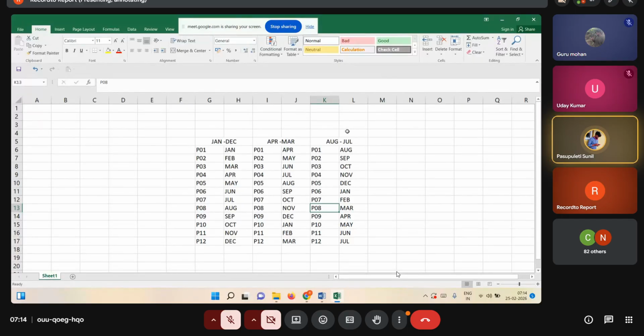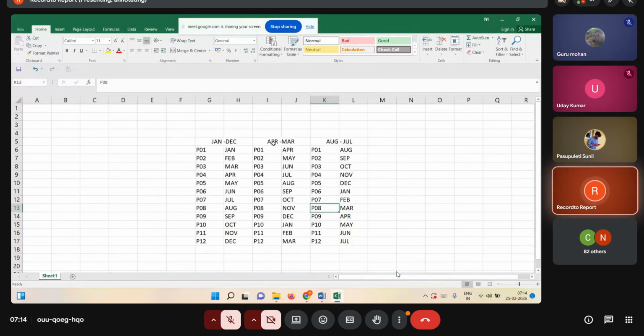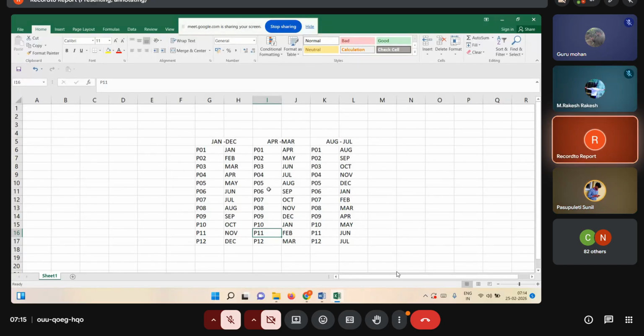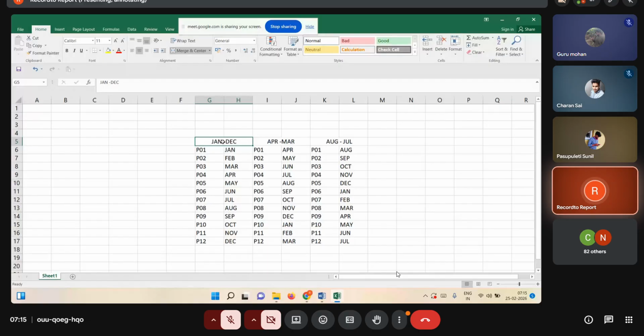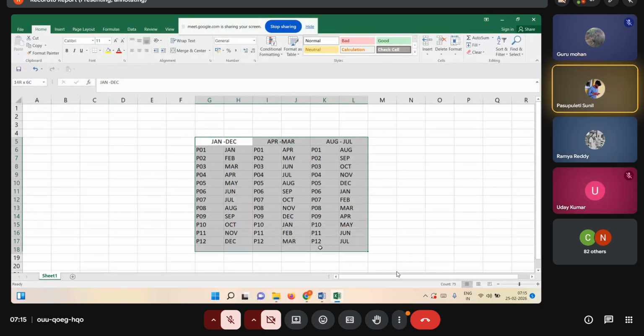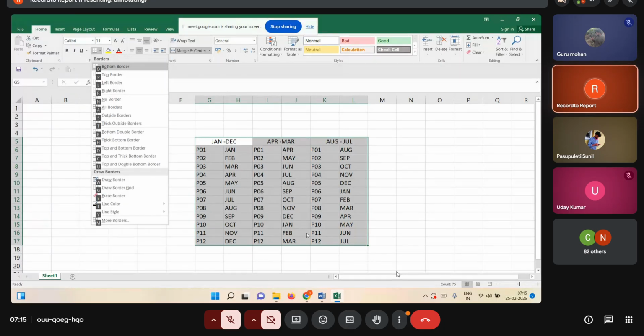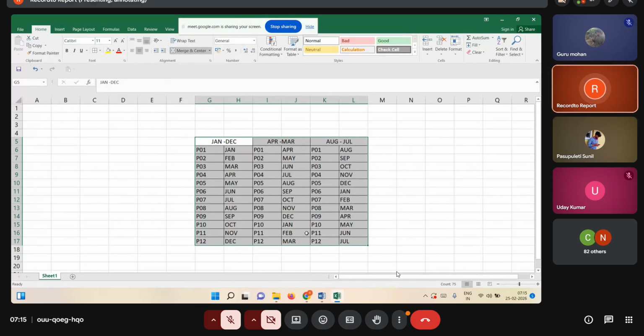If a company is following the April to March cycle and now we are in February, what is the period? P11. If a company is following January to December, what is the period now? P2. P1, P2, P3, P4 completely depend upon the accounting financial year starting and ending.